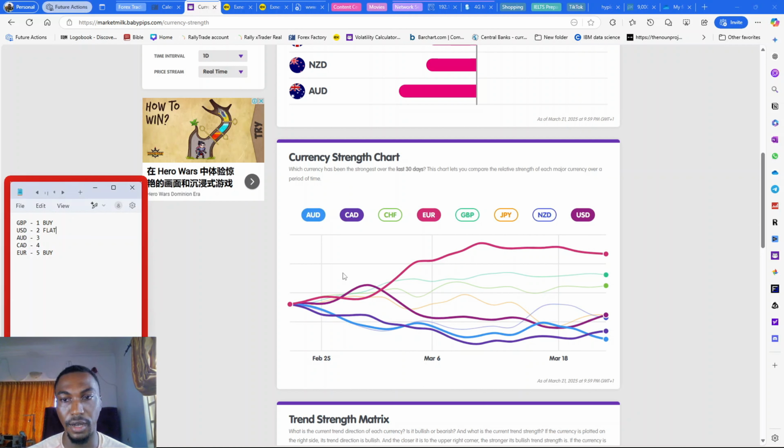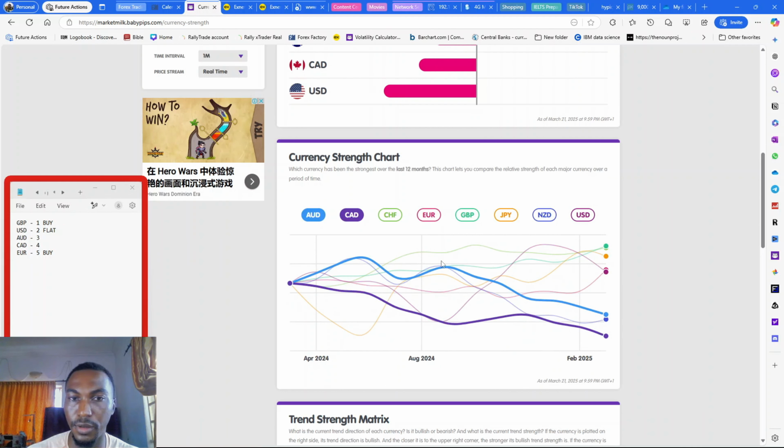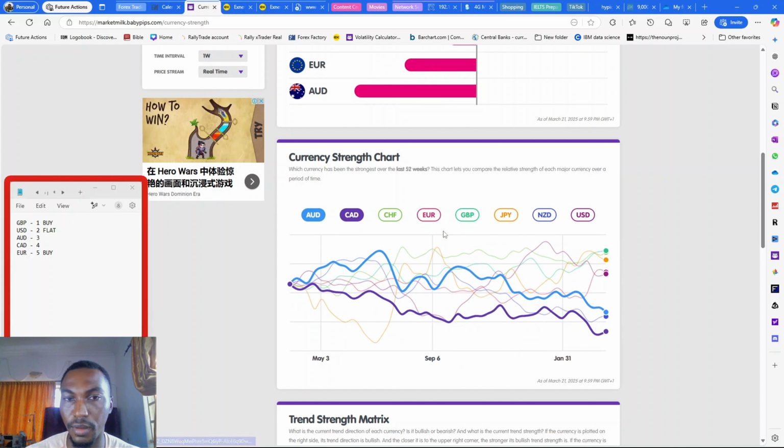It seems like it's gaining hard against the rest, right? We already checked the euro, seeing that the euro is a straight buy. Now the Australian dollar and Canadian dollar, this is the part we need to really look out for. So on the monthly, they are straight sells, very weak compared to any other thing here. Same thing here, very weak, but it seems like you should rather buy the Canadian dollar than the Australian dollar right now.